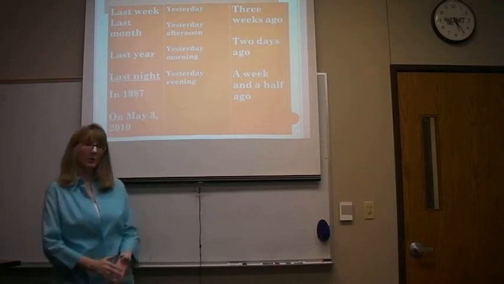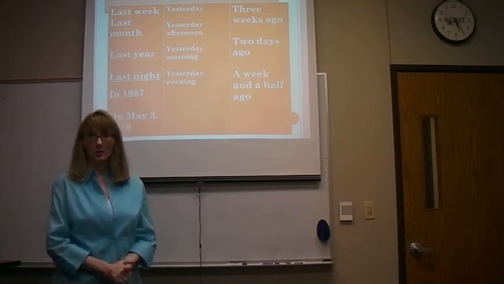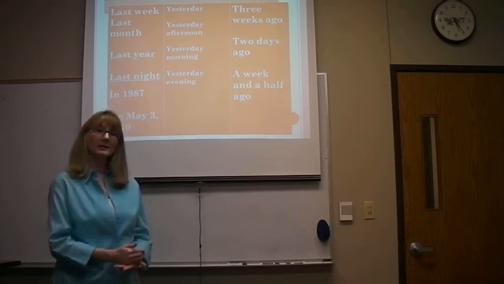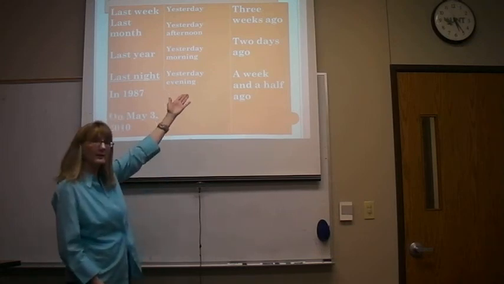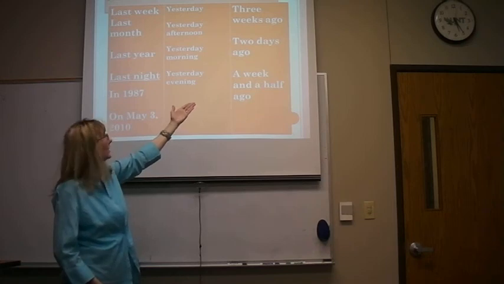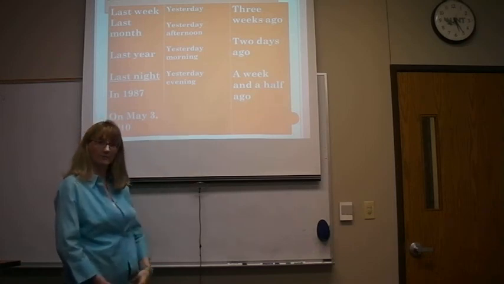Also, there is another way, and that's using the word ago. Ago is a time word for past. For example, 3 weeks ago, 2 days ago, a week and a half ago.